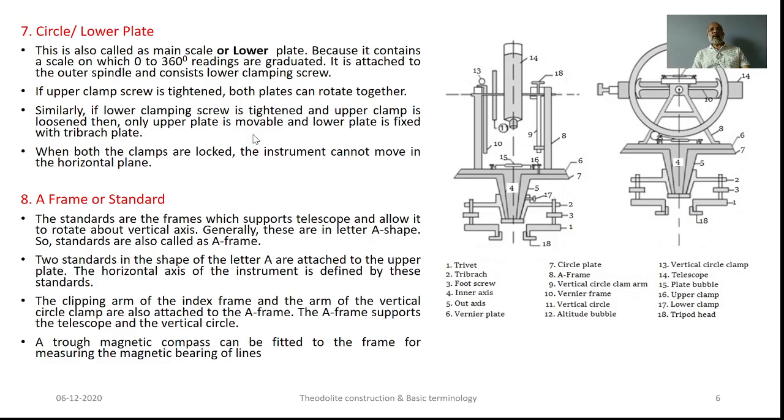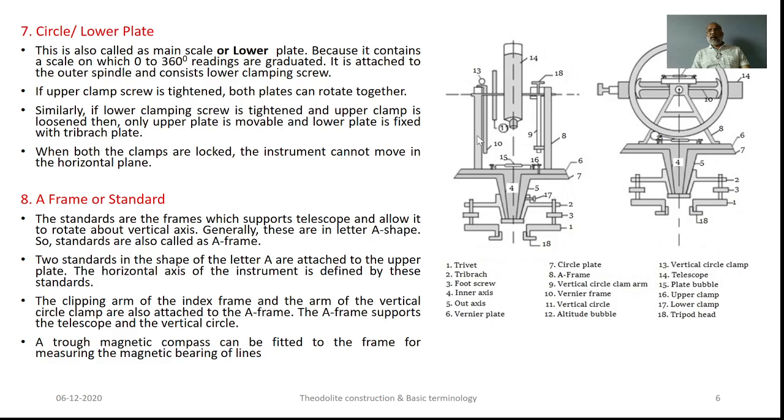Whereas, whenever the lower clamp screw is tightened and the upper clamp screw is loosened, only the upper plate is movable about the vertical axis. When both the plates are clamped, the instrument cannot move in the horizontal plane.